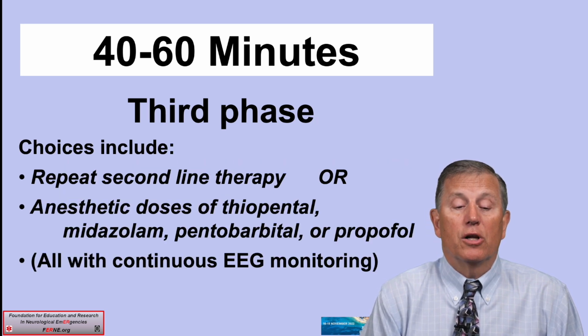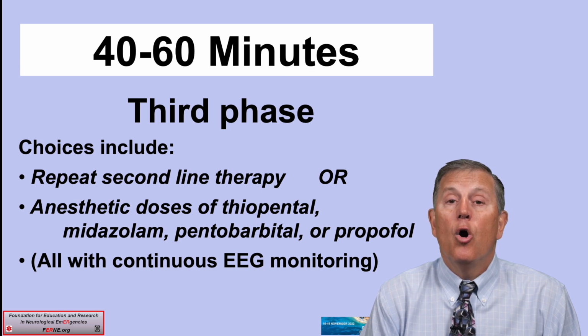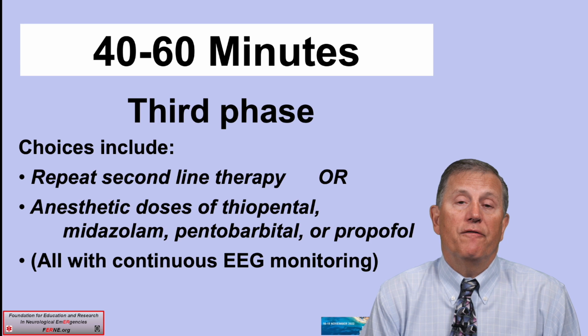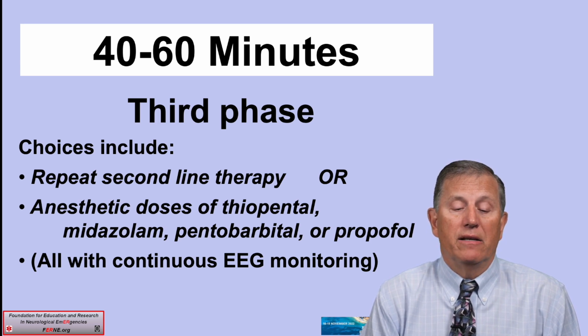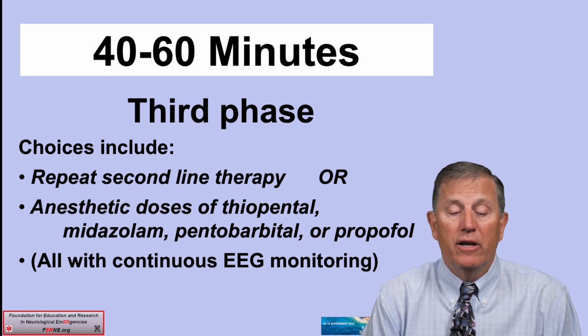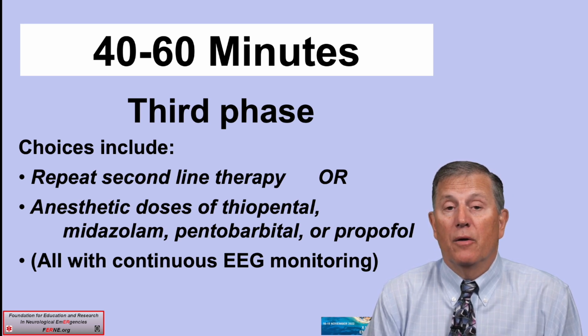The choices include repeating whatever second-line therapy was provided in an additional dose, or providing anesthetic doses of thiopental, midazolam, pentobarbital, or propofol, understanding that if any of these third phase medications are provided, it's necessary to provide continuous EEG monitoring, because with these medications, patients will be unresponsive.